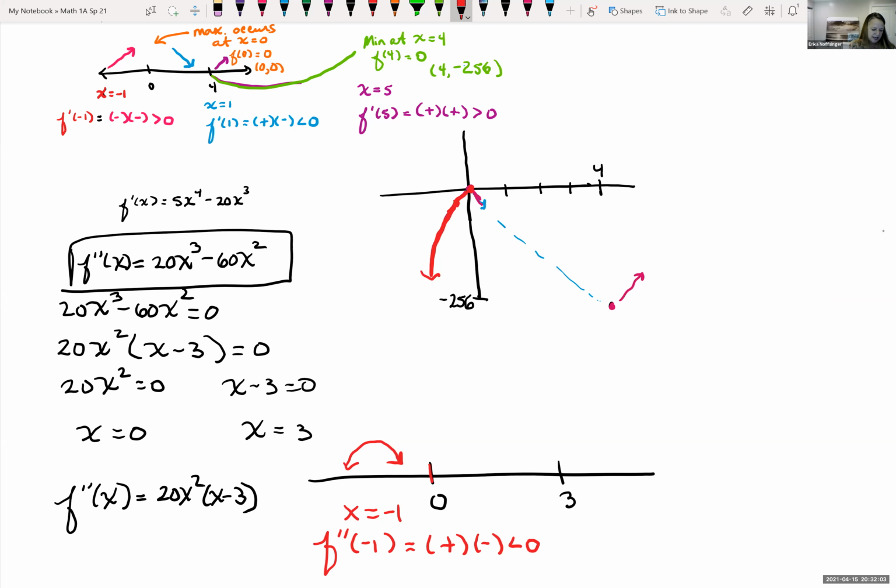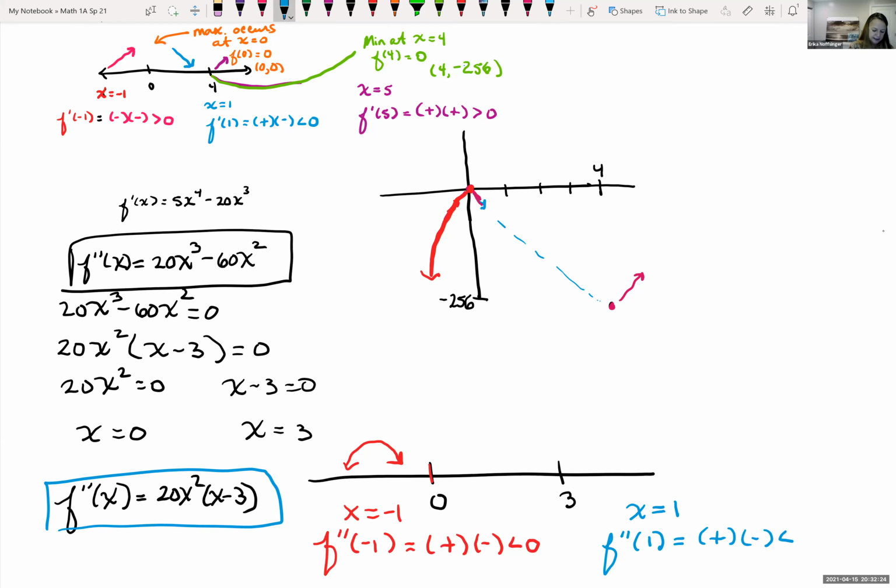So let's look at what's happening after 0 and before 3. Choose a number between 0 and 3. How about 1? If we plug this into the second derivative, we have 20 times 1 squared, which is positive, all times 1 minus 3, which is negative. So this is less than 0.